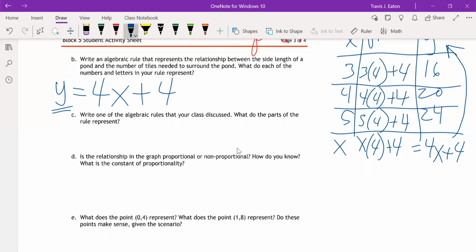So what do the parts of the rule represent? That's question C, so let's talk about this. Take it one step at a time. y is the number of tiles. x is the length of the side of the pond.